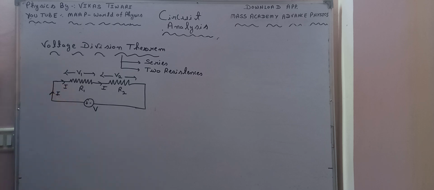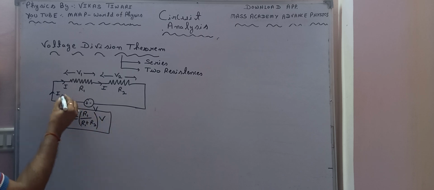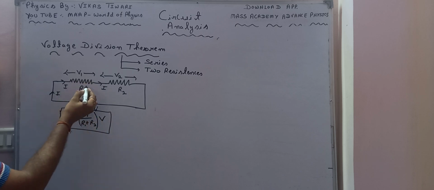So if I want the value of V1 in terms of V, what does the voltage division theorem say? V1 is the voltage across R1, so V1 equals R1 divided by R1 plus R2, into the total voltage V. This is how the total voltage V is divided across R1.